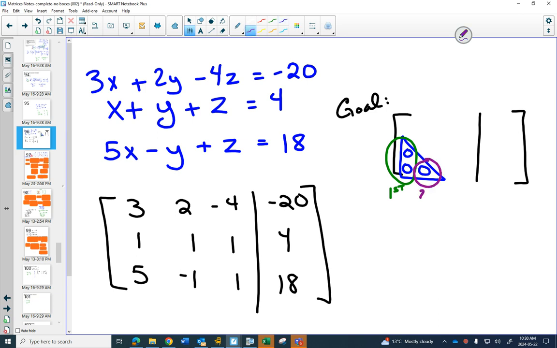We're going to get those zeros first, and that 0 second. Okay? So I'm going to show you in doing this some of the tricks and techniques that I like to use when solving this. Okay?